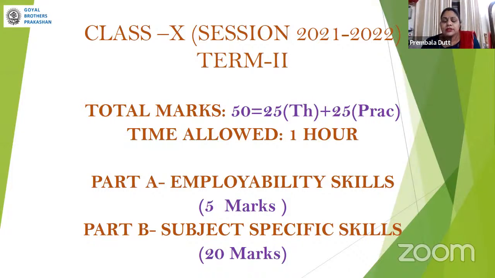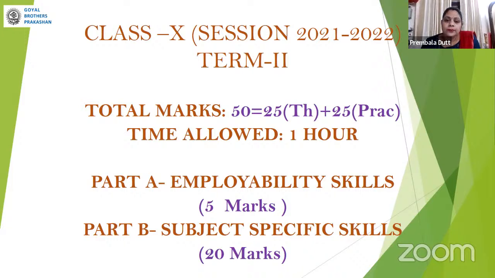So the point I must let you know is that always suggest them to start their preparation from part B, because the weightage of part B is more, that is 20 marks, whereas the weightage of part A is only 5 marks. They waste most of their time studying the employability skills, which actually is of 5 marks only.